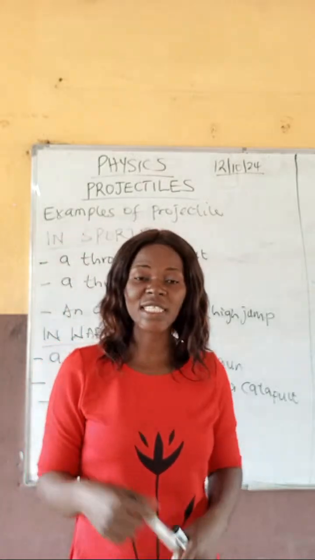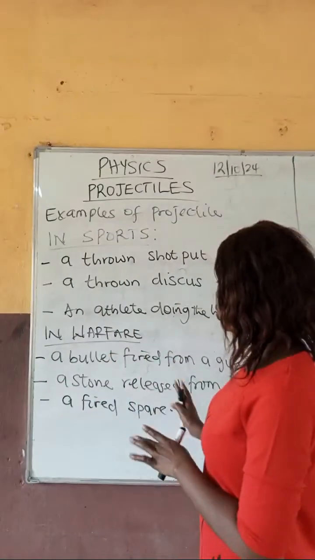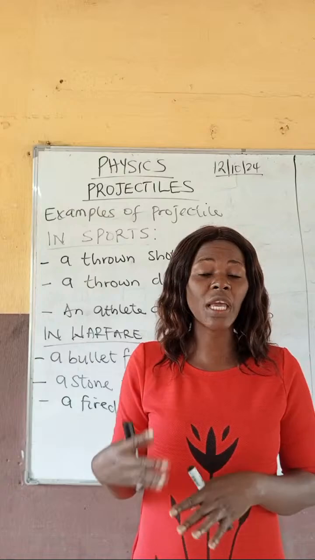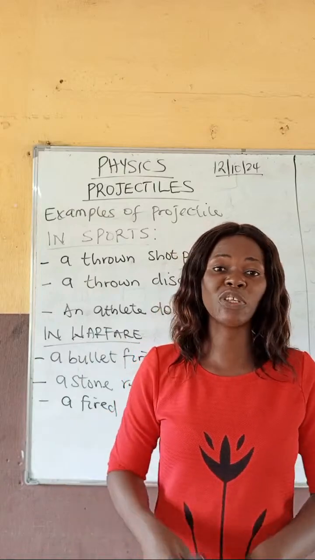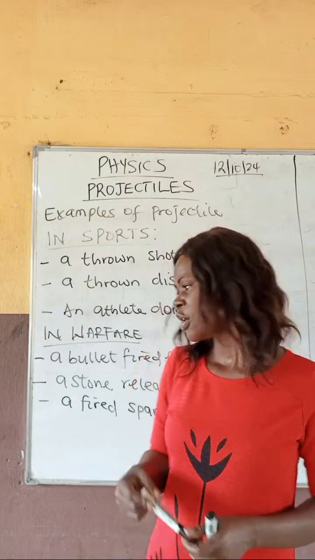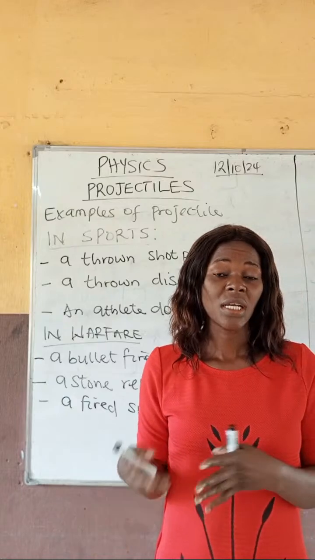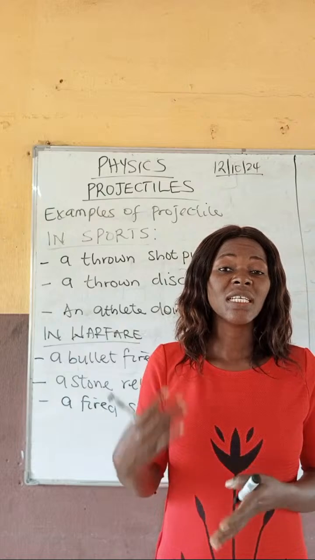Now, don't forget that if this object is not thrown, for example a stone on its own that is at rest, it cannot be considered to be a projectile, except it is made to be in motion when it is being thrown. I hope you understand. So, a bullet on its own that is inside a gun cannot be assumed to be a projectile except it is being fired.